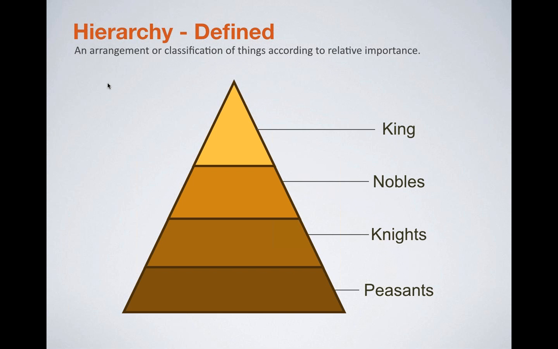And a pretty common, well-known hierarchy is that of medieval culture in Europe, with the king or the royalty, king and queen on top, and then the nobles and the knights and the peasants at the bottom, kind of the common people. So this is a hierarchy. This is a social hierarchy, ranking of order of importance in a social context. So that is the hierarchy of these individuals.